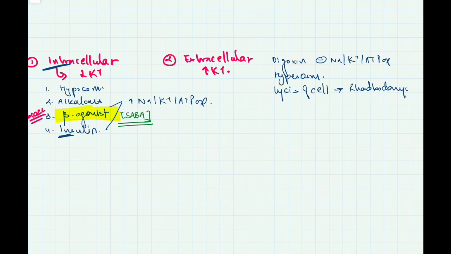This is again an exam question. In both these cases, there is lysis of cell, which is very obvious, would lead to increase in potassium in the blood or an extracellular shift. Then acidosis, beta blockers, right, all the opposite conditions.